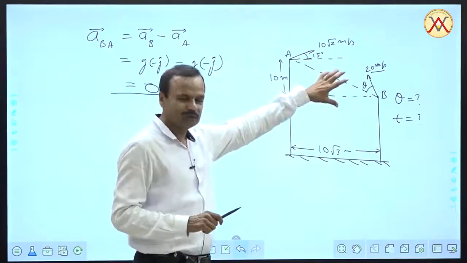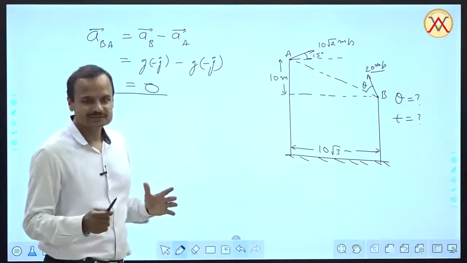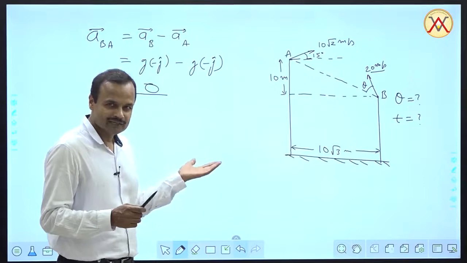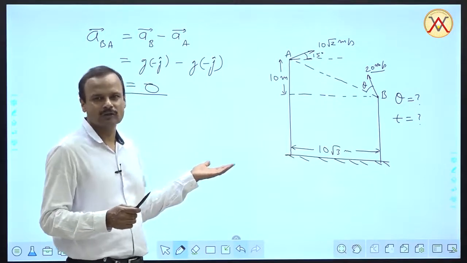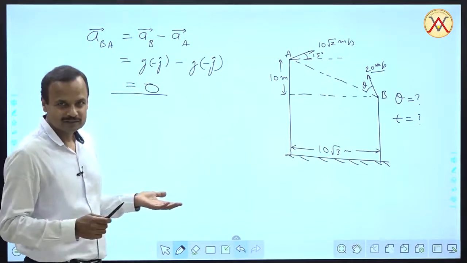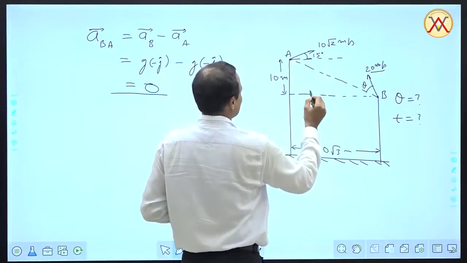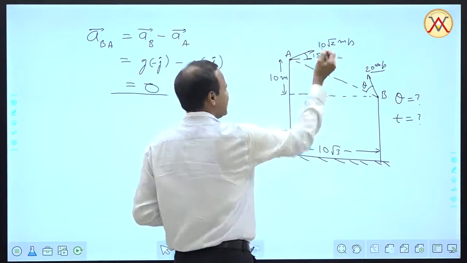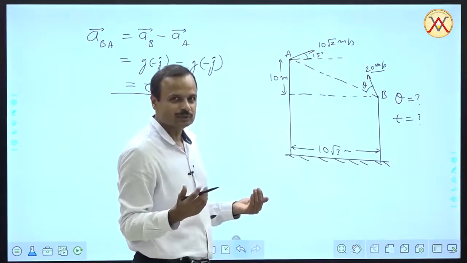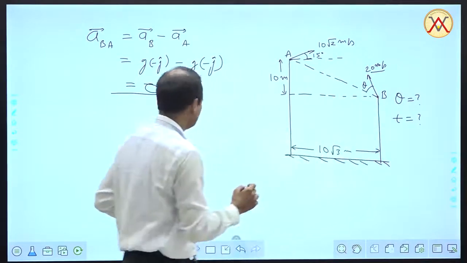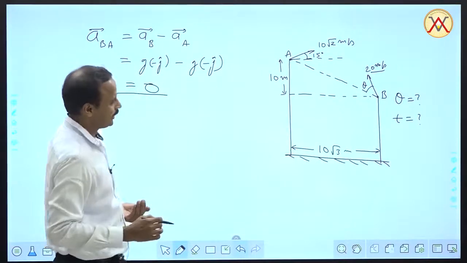So this problem also reduces to the same one that we had done earlier in the case of the bus and truck. Obviously, if I come in the frame of reference of A, its initial velocity will also be 0. So we just have to find the velocity of B with respect to A.